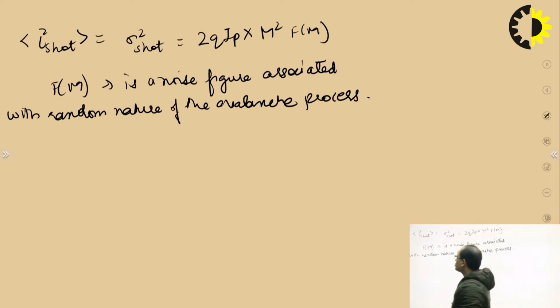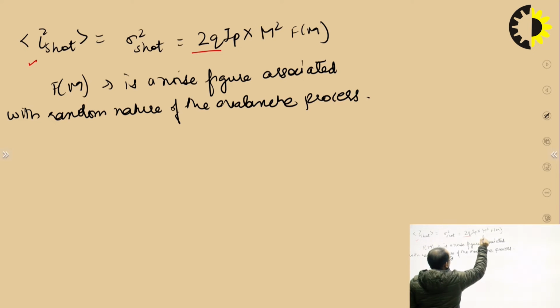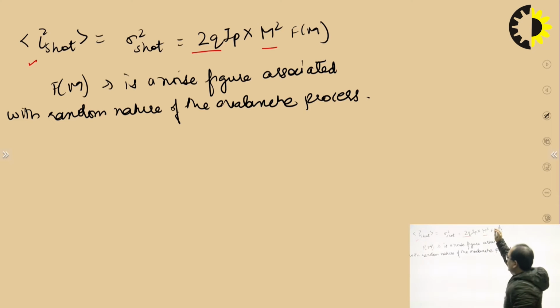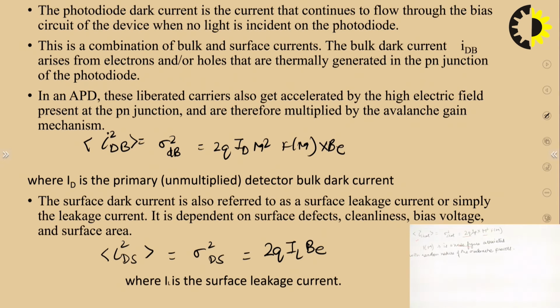Due to this varying statistical nature, the mean square value of the shot noise current is equal to 2 into q into I_P into M squared multiplied by F_M, and this F_M is the noise figure associated with the random nature of the avalanche process.